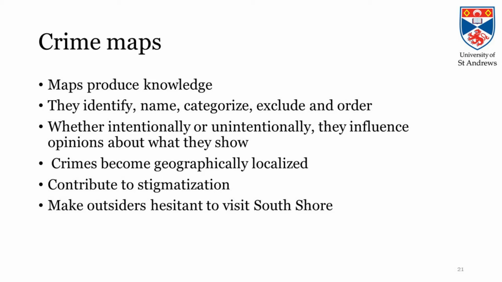In my PhD, I argue that crime maps, similar to newspaper articles by the Chicago Tribune and Chicago Sun-Times, reproduce this image of the community as a violent and crime-influenced community, because they don't show anything other than the geographical information about a shooting or a homicide.